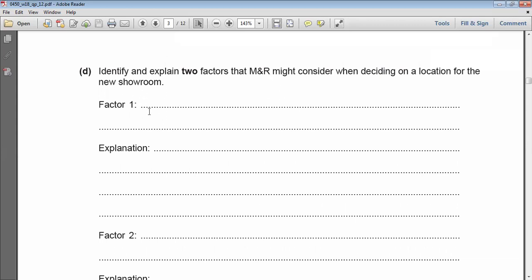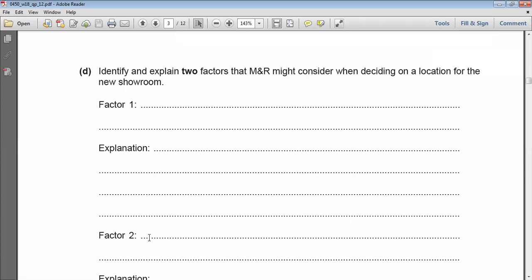Then why do you think that we should consider the cost of rent when we want to decide on the location? Or why do you think that we need to consider the availability or the access to labor? If you want to know how to think of analysis, ask the question why.